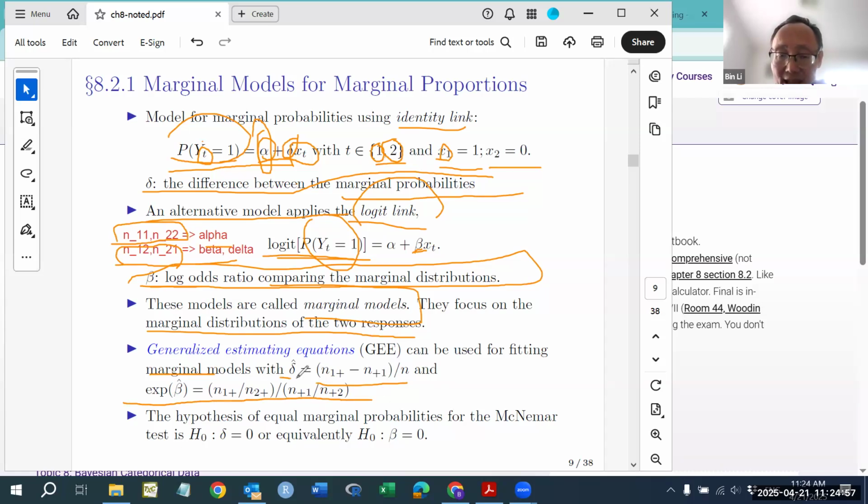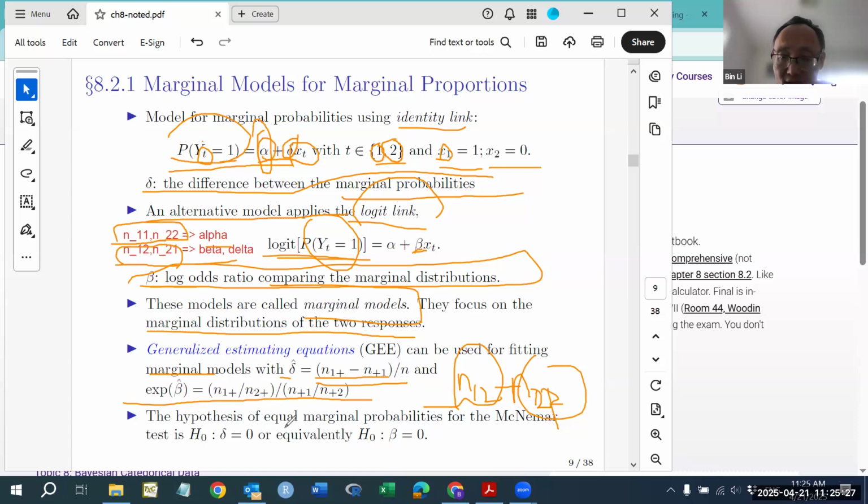So you can see the delta and the beta are both involved in what? N12 and N21. Remember? So these are really about this. Like here, this minus that is nothing but N12 minus N21. Okay? So these are really about the difference.